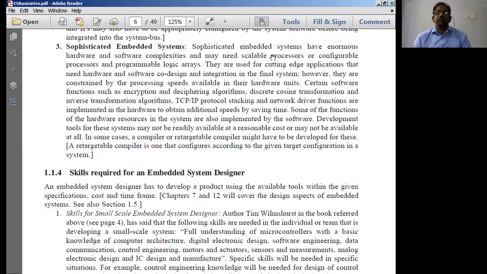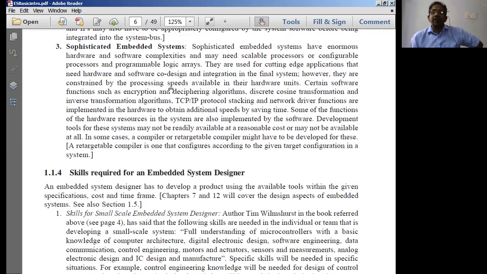Before sophisticated embedded systems, up to medium scale embedded systems, first the hardware will be implemented, then on the hardware we embed the software. Now coming to the sophisticated embedded systems, both hardware and software have to be designed parallelly. Therefore, it comes under hardware-software co-design.